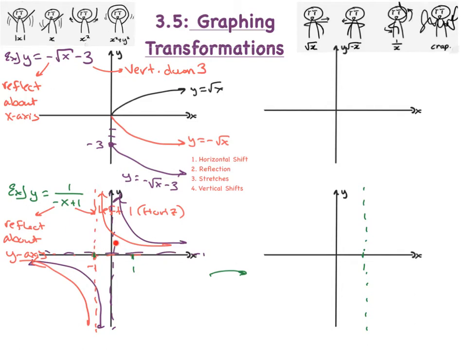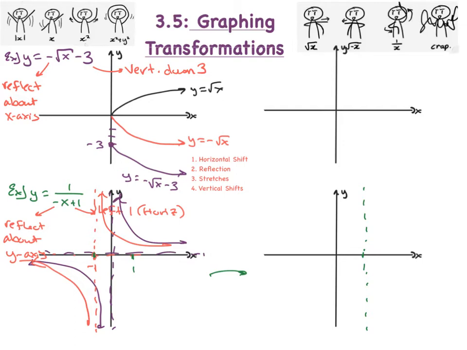So reflecting this about the y-axis would move this asymptote reflected to the other side at +1. And what else? This would move over here. The lower left would move to the lower right, and that would look like this.